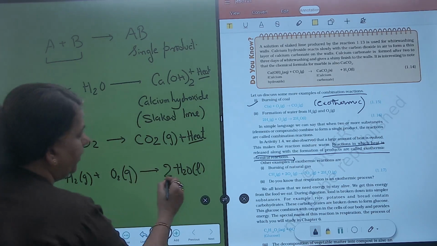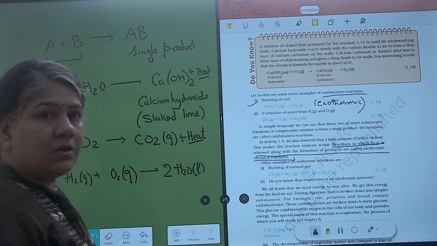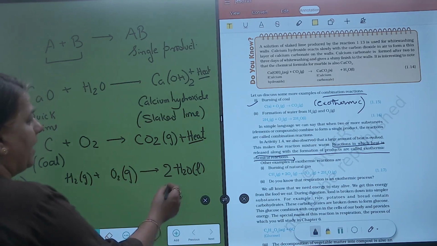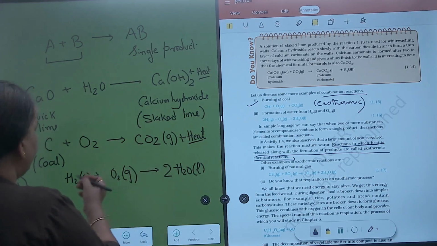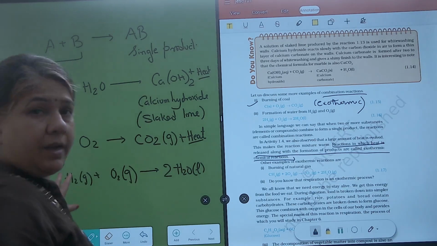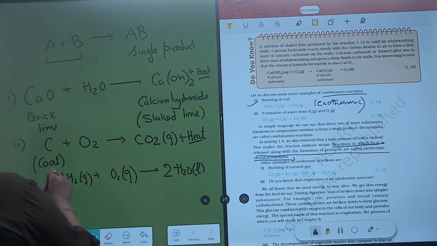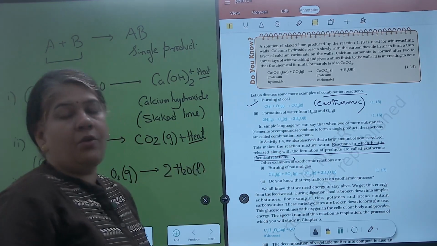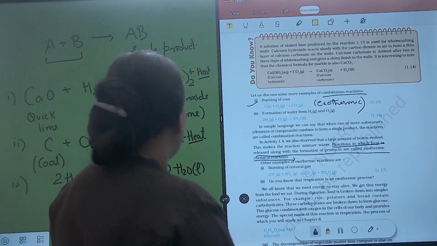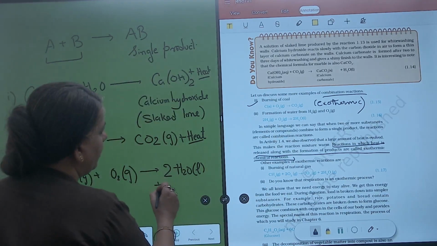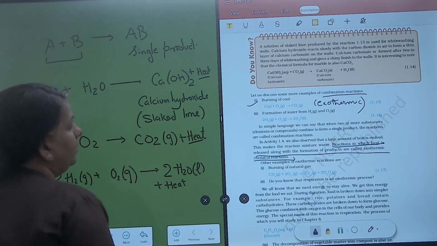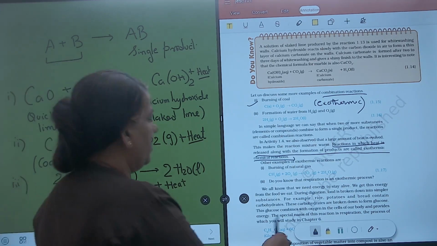Two here, so we get two atoms of oxygen on both the sides. But hydrogen becomes unbalanced. Here we are getting four atoms and on LHS side we are getting only two atoms. So again we will balance it by putting 2. Now the equation is balanced. Again, formation of water from hydrogen and oxygen is also exothermic, that is heat will be released. So this is also an exothermic process.